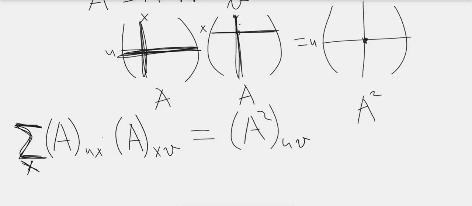But notice now that this is equal to either 1 or 0 depending on whether u and x are adjacent.